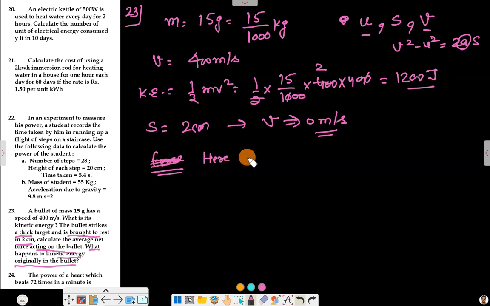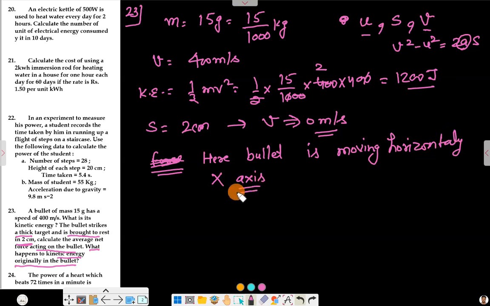Here the bullet is moving horizontally, means in the x-axis. So if an object loses its energy in the x-axis, then work is equal to change in kinetic energy. If an object is moving vertically or in the y-axis, then work is equal to change in potential energy.